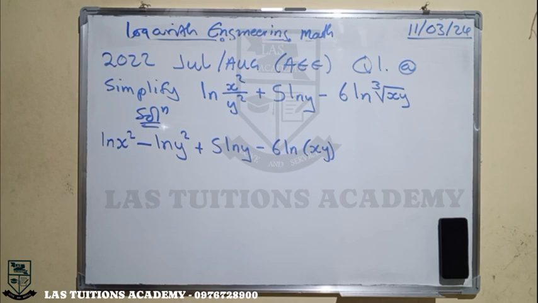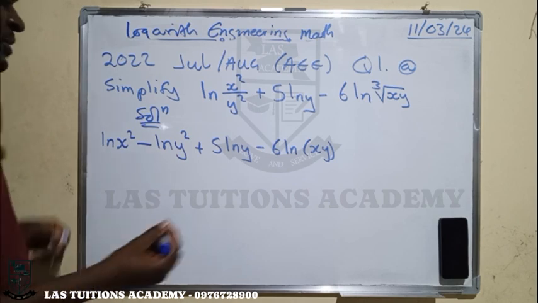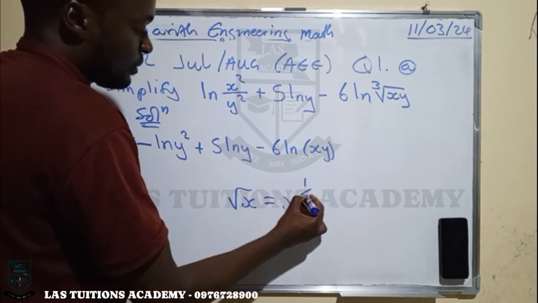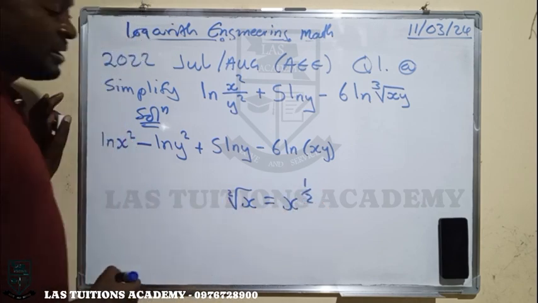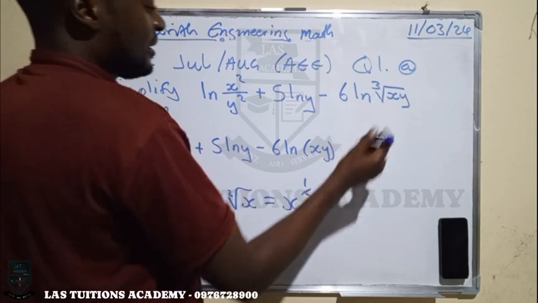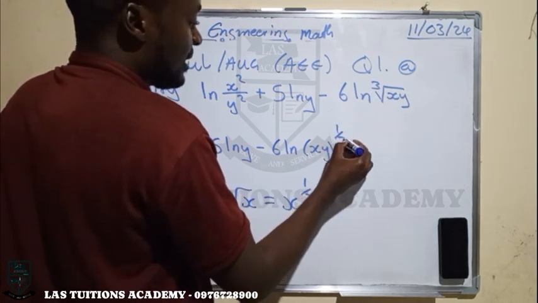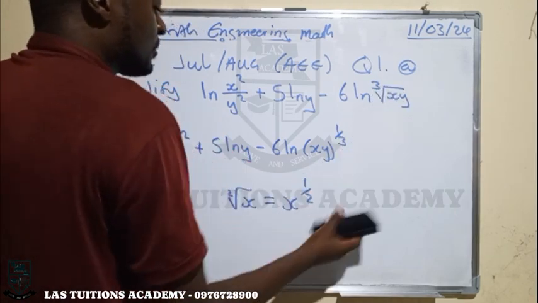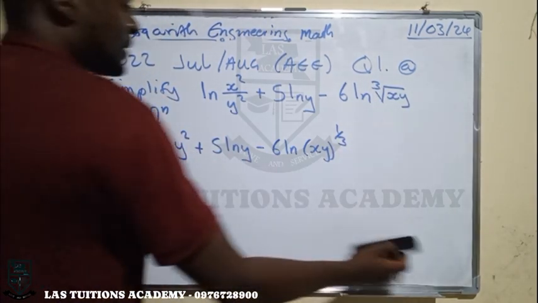To the power 1 over 3. Correct. When we have root of x, this is the same as x to the power 1 over 2, because there's a 2 there. Since we have a 3 here, it will become 1 over 3.